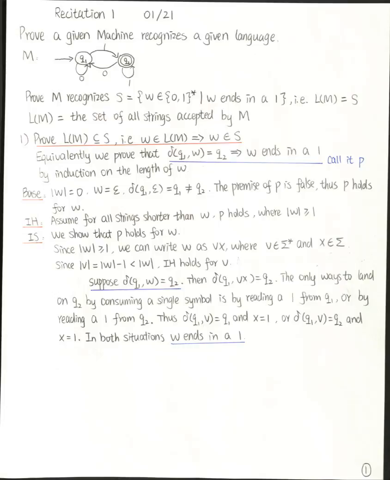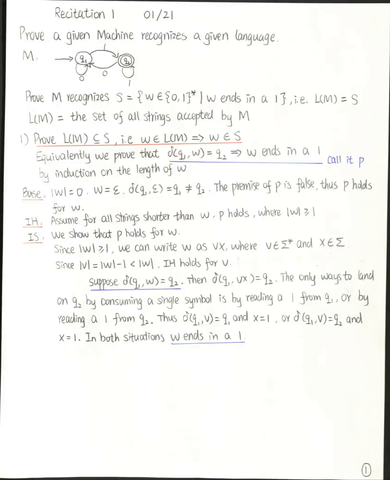So analyzing the machine, if I start from Q1 and I read epsilon, epsilon means nothing. If I read nothing, then I stay at Q1. And Q1 is not equal to Q2. So the premise of P is false. If the premise of P is false, then the whole statement P is true. So P holds for W.